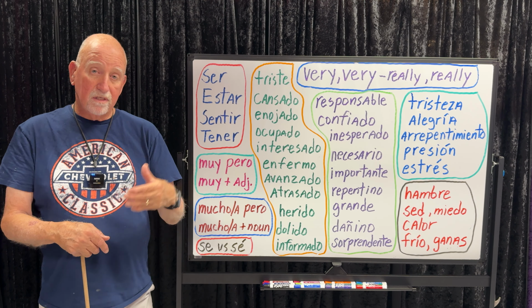If I want to say, they are really, really tired, I wouldn't say, están muy, muy cansados. You could say that, you would be understood. It's just not common. You could say, están bien cansados. That means they're really tired. But you're not going to say, están bien, bien cansados. Just like you're not going to say, están muy, muy cansados. Say, están muy, pero muy cansados. They are really, really tired.